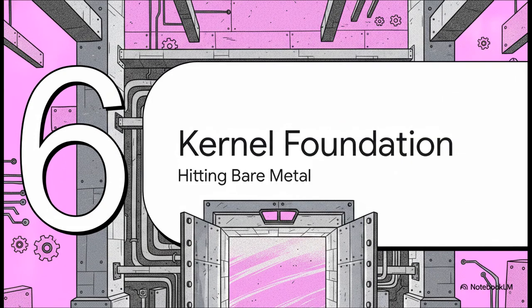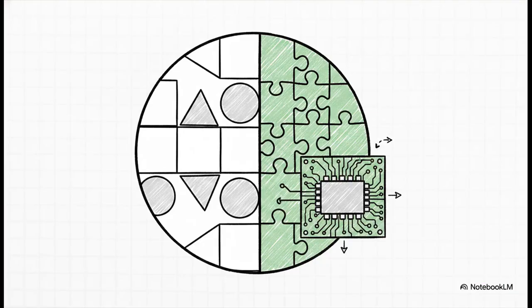Let's take this down one final time, hitting the absolute basement of our skyscraper. Section 6, the kernel foundation. The doors are opening and we are looking at the metal itself. So, the crucial point is that this entire stack we just descended through is completely grounded by the kernel. It's the central core of the operating system that physically communicates with the device's actual hardware components.